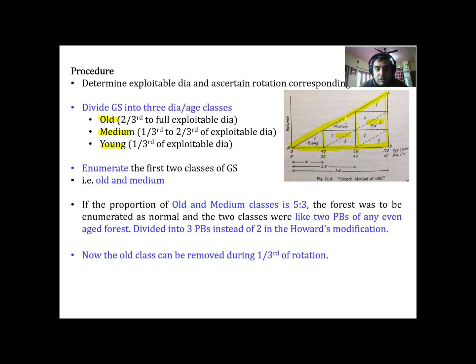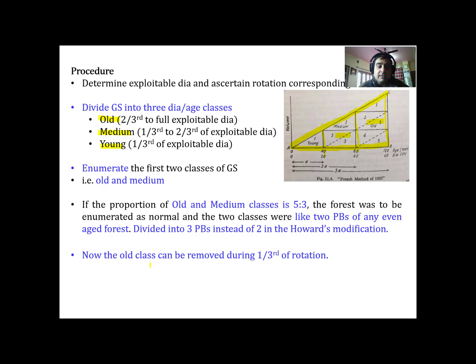So the old periodic block is to be felled to get the increment which can form your yield. The two classes are like periodic blocks of even age, divided into three periodic blocks instead of two like in Howard's modification. We can divide it into two, like in Howard's modification.